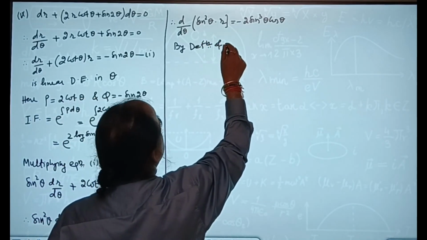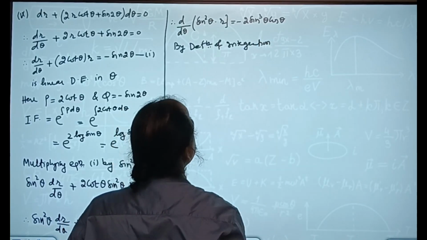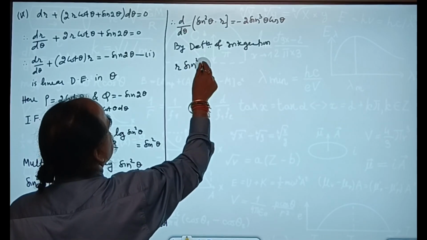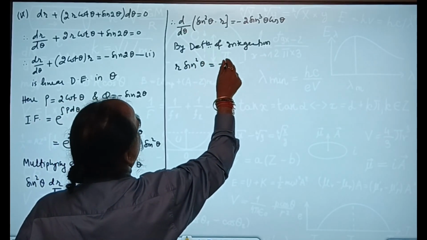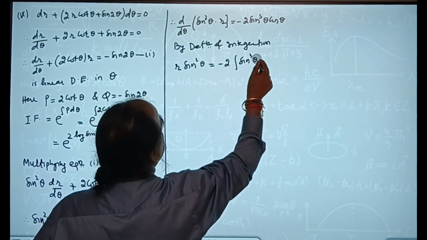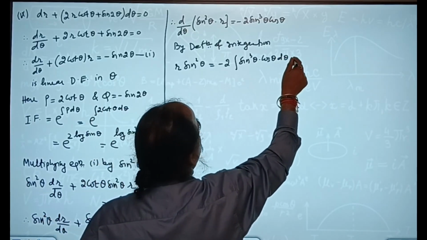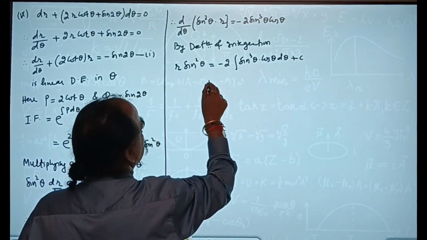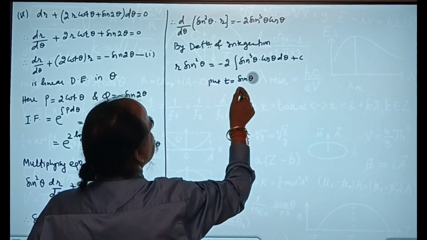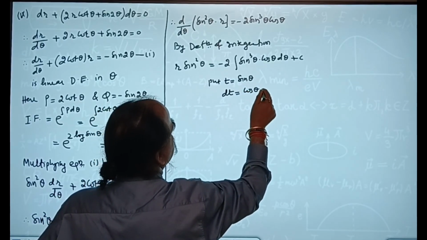By definition of integration, r into sine square theta is minus 2 integral sine cube theta cos theta d theta plus c. Put t is equal to sine theta. So dt is cos theta d theta.